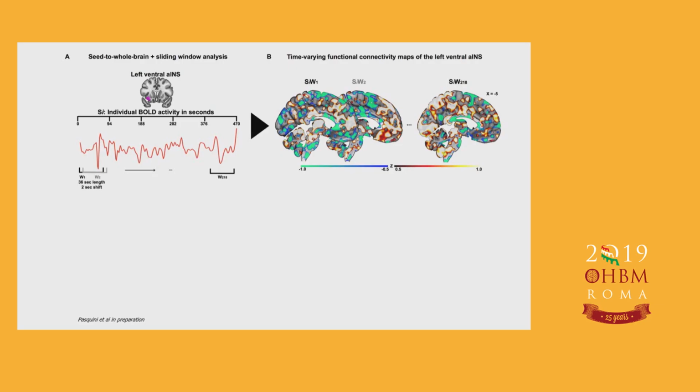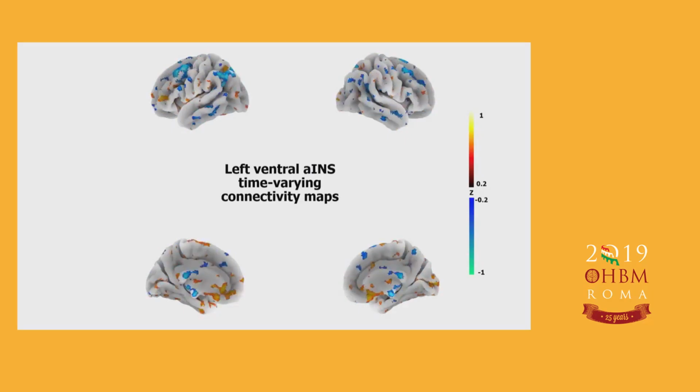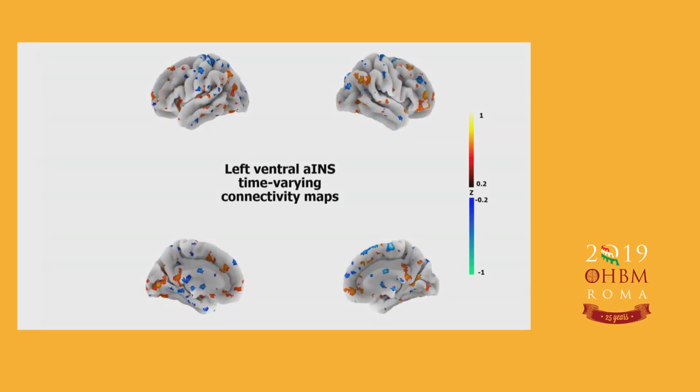And then using a seed to whole brain approach, what we ended up with was for each subject of the large sample a set of 218 time-varying functional connectivity maps, where in red you can see positive correlation, in blue negative correlation, that indicate the level of functional connectivity of these regions to our seed region, the left ventral anterior insula, this epicenter of the disease in our sample.